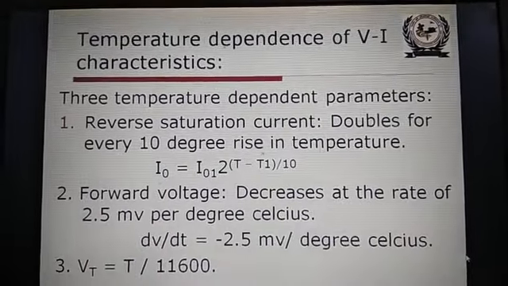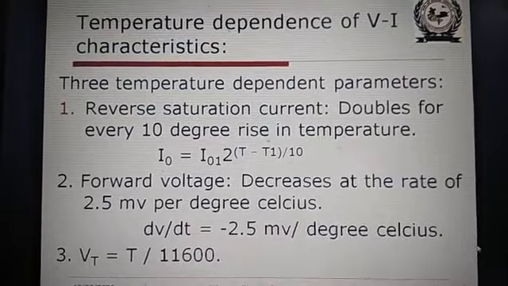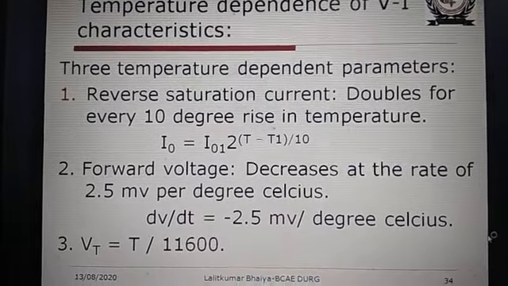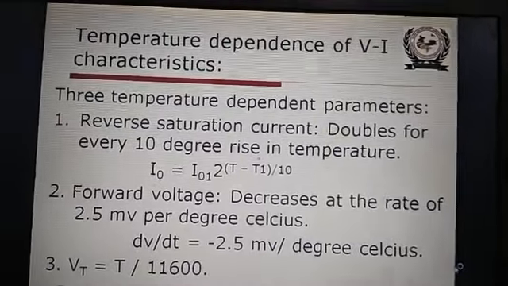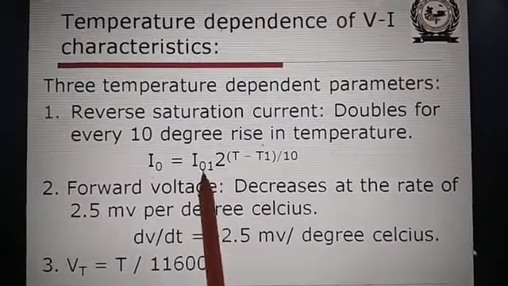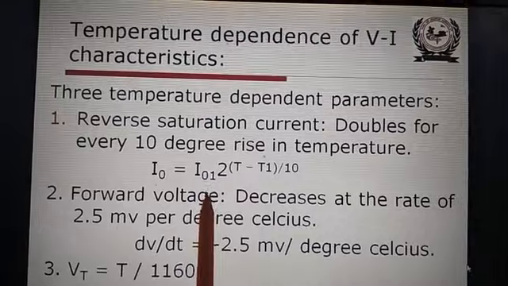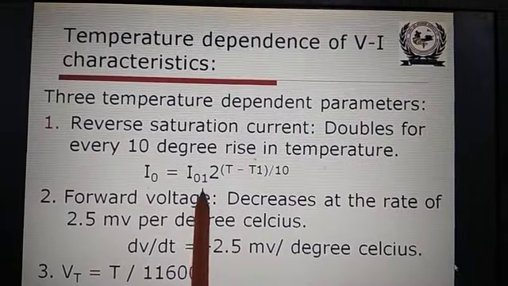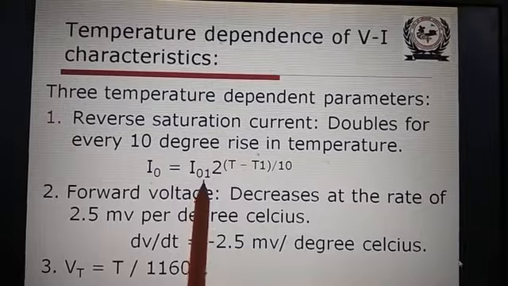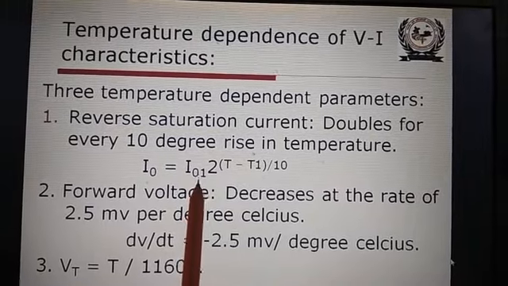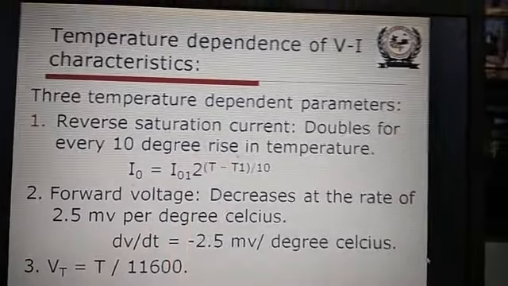In the case of a PN junction in reverse bias condition, this reverse saturation current I naught flows, and it has the property that it doubles for every 10 degree rise in junction temperature. If the junction temperature increases by 10 degrees, this I naught will double.